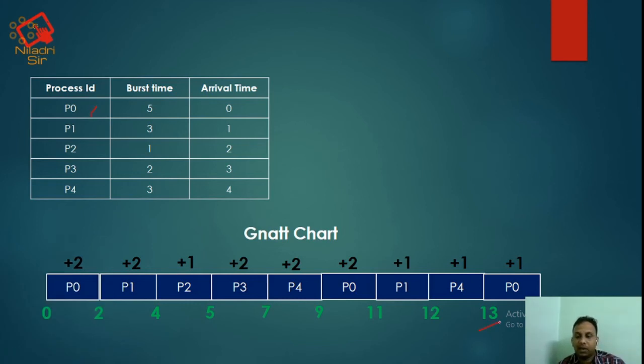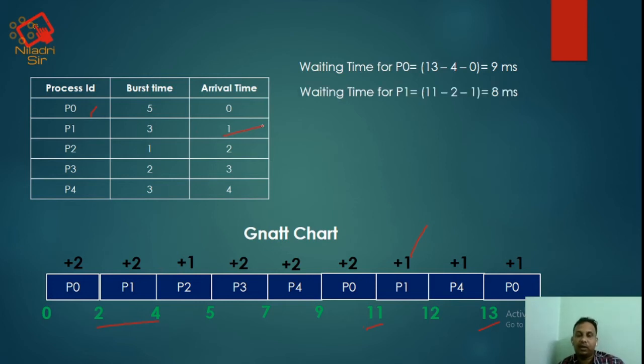P0's last block started here. P0 has executed for 2 to 4 time, and the arrival is 0. So 13 minus 4 minus 0, that is 9 microseconds. And P1 last executed in this block, beginning at 11. It has executed for 2, 11 minus 2 is 9, and it came at 1, so 9 minus 1 is 8.